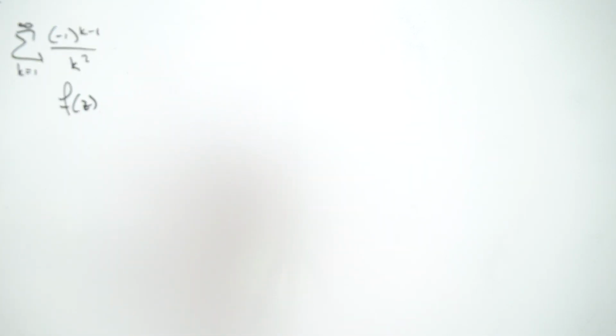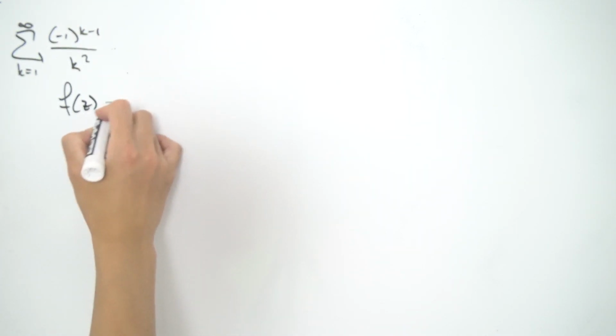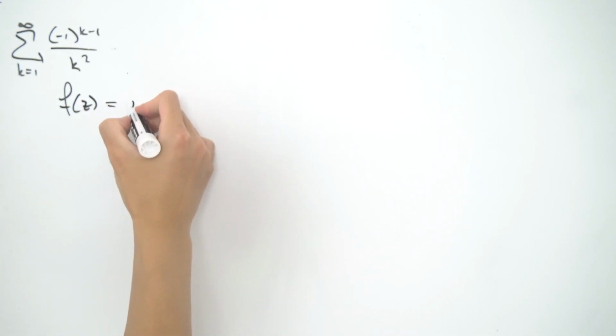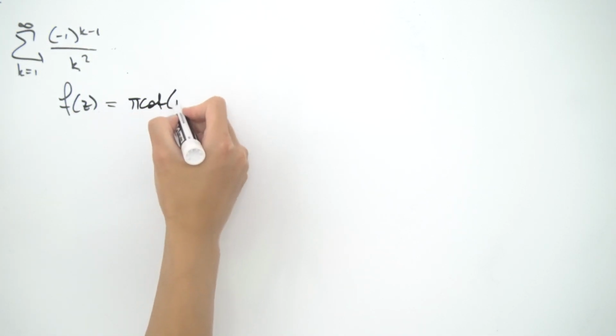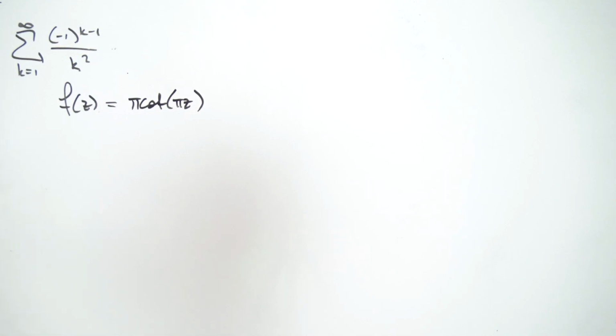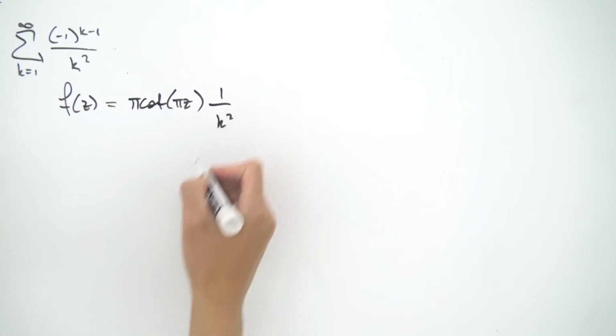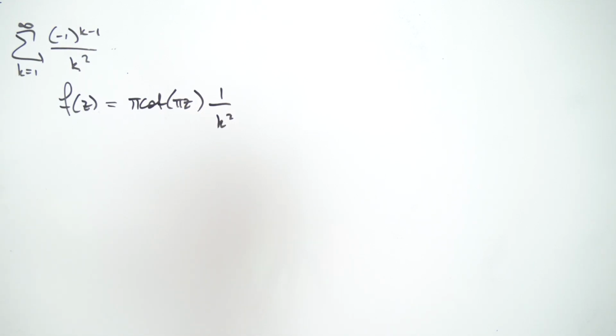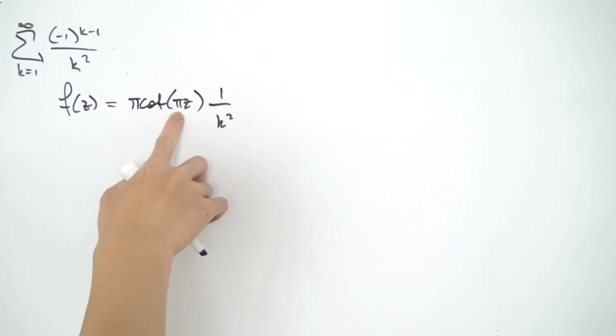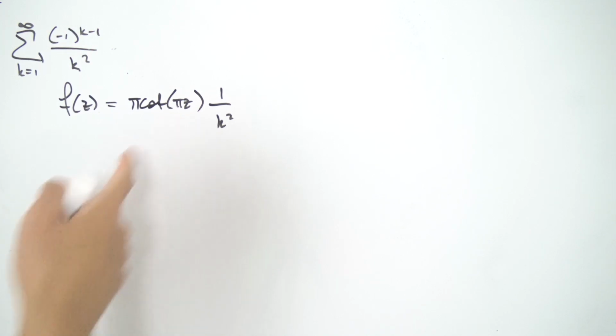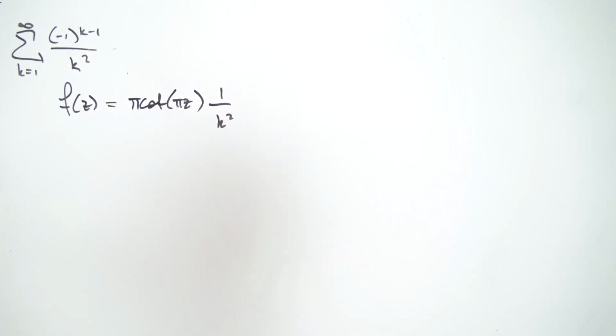Well, in the case of the Basel problem, what we did is we took the function pi times the cotangent of pi z and we multiplied it by the thing inside of the sum, so that would be 1 over k squared. The nice thing with using the cotangent function is that it generates poles at the integers, and when you have poles at the integers you can calculate the residues at each of those integers.